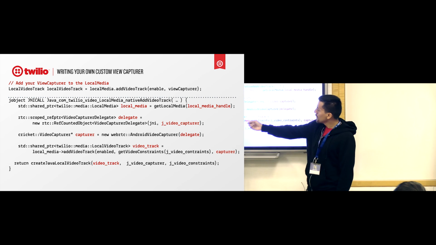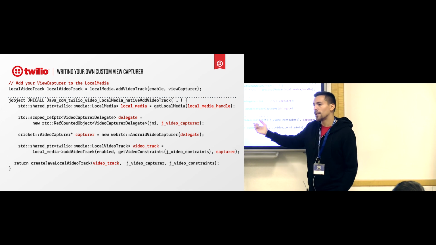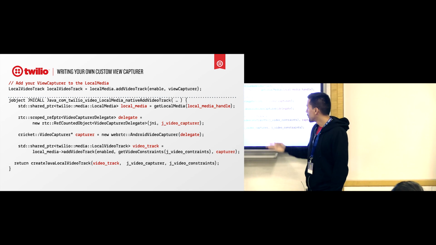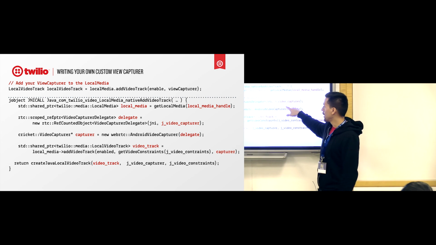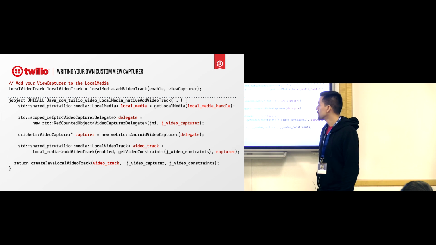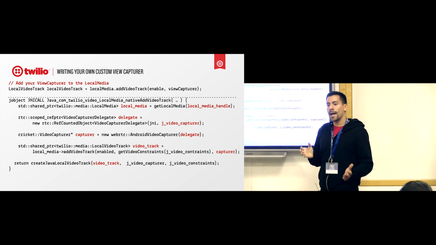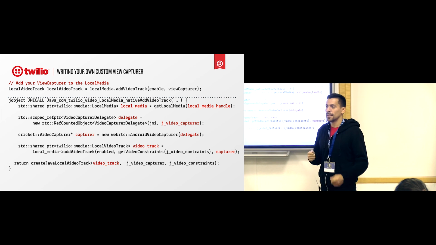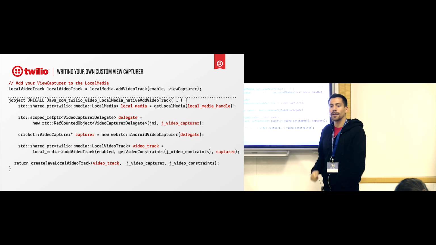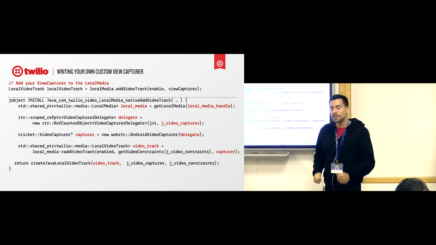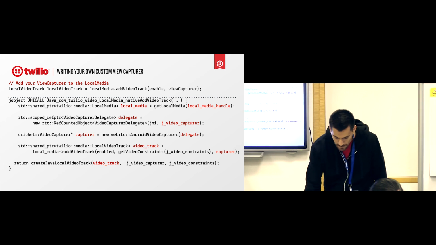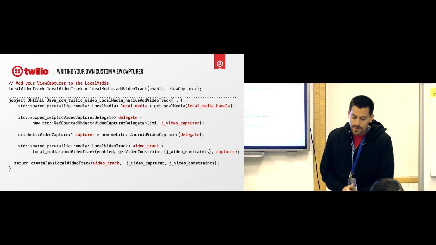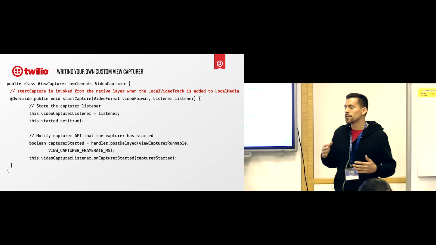We're using a standard Cricket video capture, creating an Android video capture using the delegate that references your Java object. So when you add things to the local media, we're able to call back up and do the right things. So that's how the interface works.